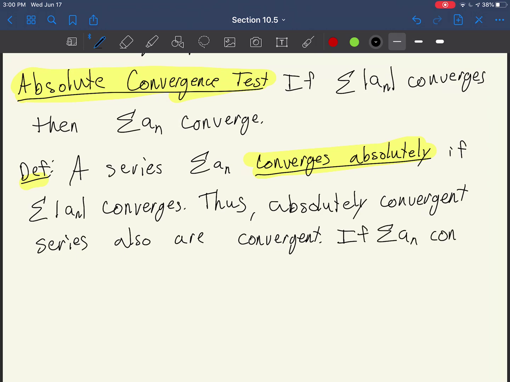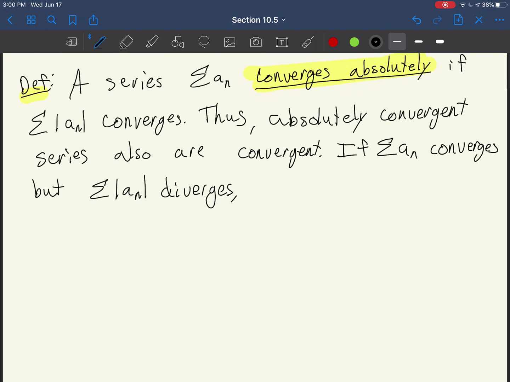If the summation of an converges, but the summation of the absolute value of an diverges, then we call the series conditionally convergent.